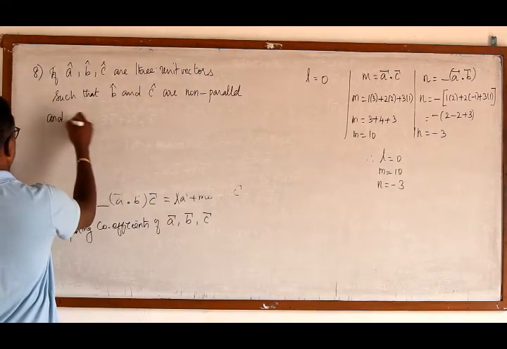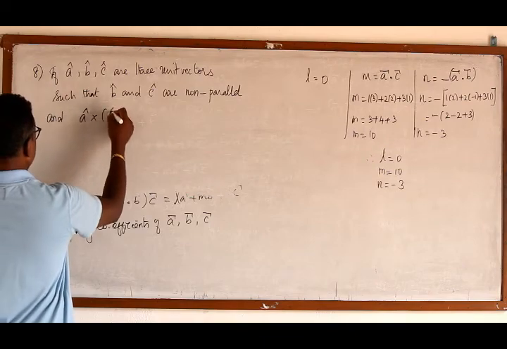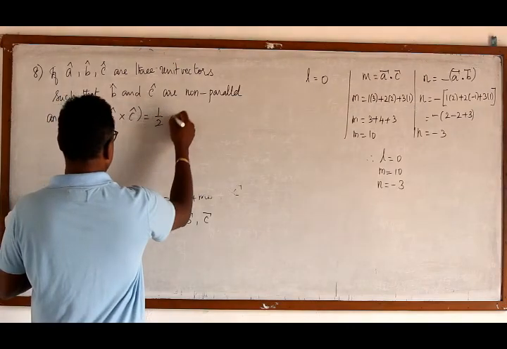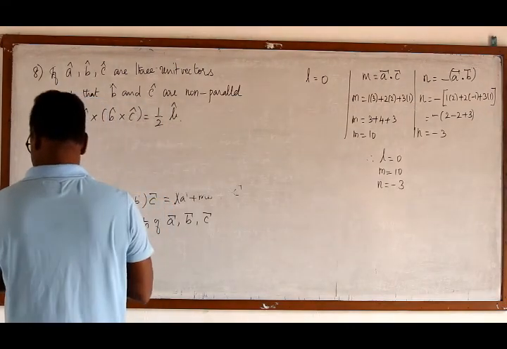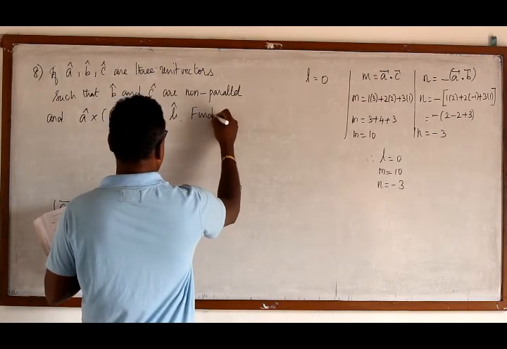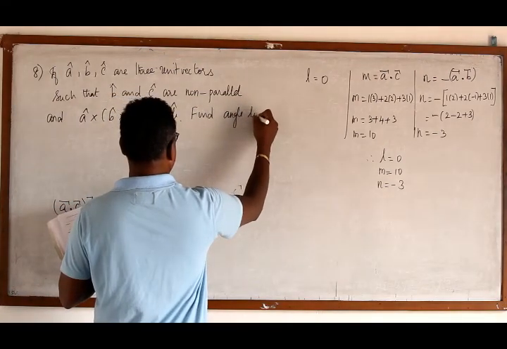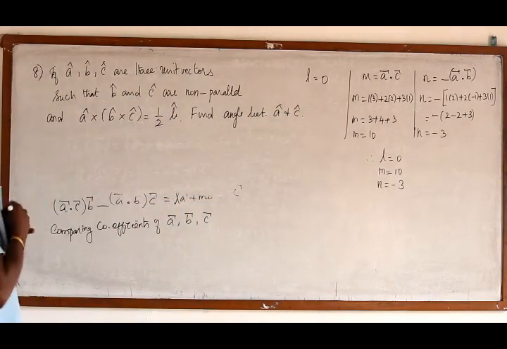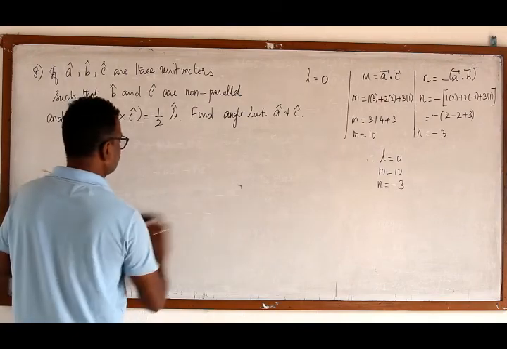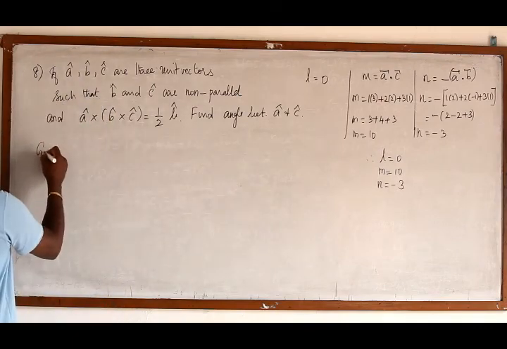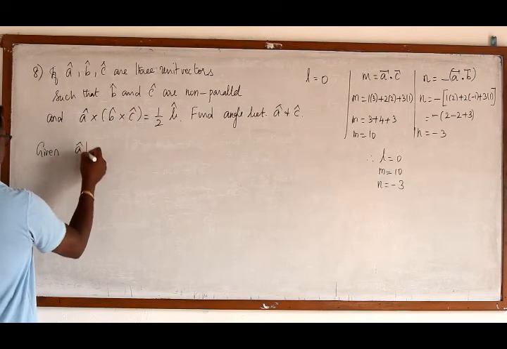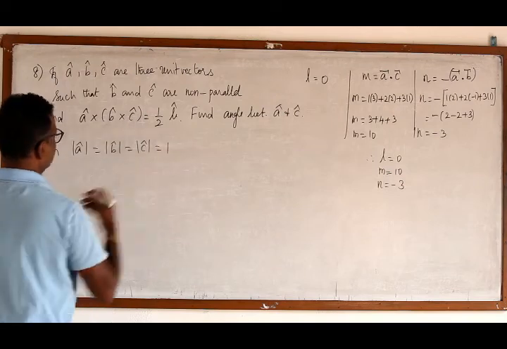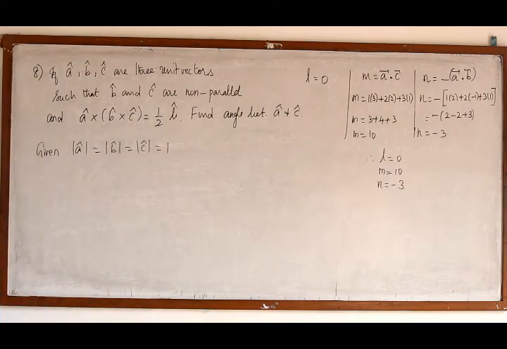And A cross (B cross C) equals 1 by 2 B cap. We have to find the angle between A cap and C cap. Given modulus of A equals modulus of B equals modulus of C equals 1. Unit vector means their modulus is 1.